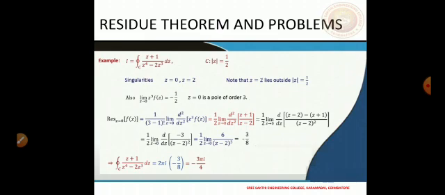So these are the two singularities, and we should note that z equal to 2 is outside the circle modulus z equal to half. So at least one of them is outside the circle. So this is one of the concepts of the residue theorem. Now we do not have to compute the residue at z equal to 2. We need to just compute the residue at z equal to 0.